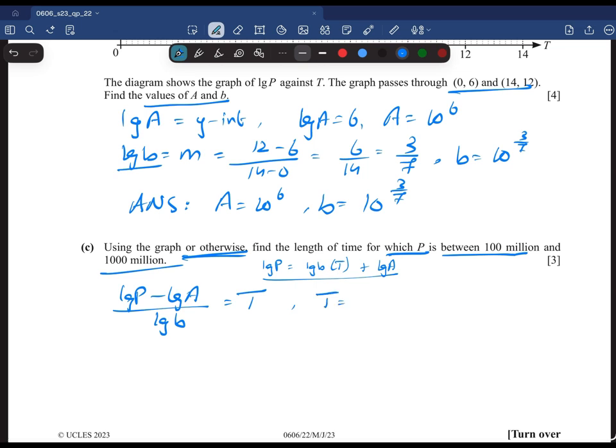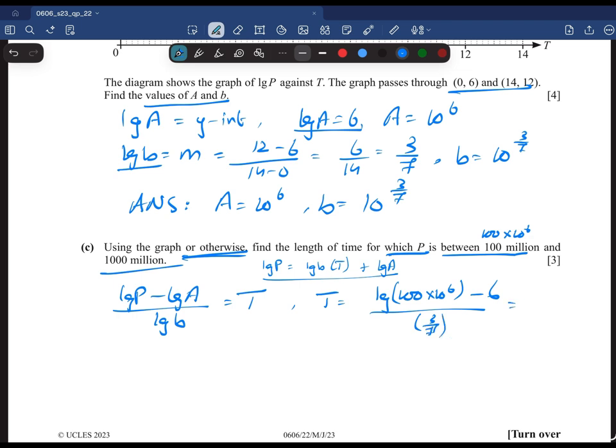t is equal to lg p, where p is 100 million, which is equal to 100 into 10 to the power 6, minus lg a, we already know that's equal to 6, upon lg b, which is equal to 3 over 7.